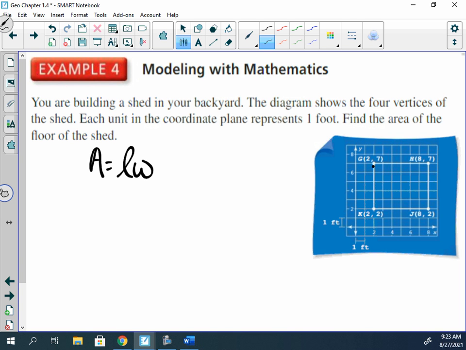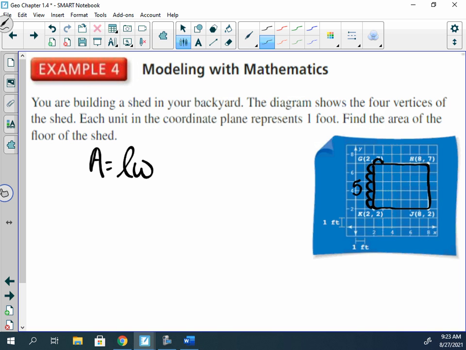Now again, they did this straight on a coordinate plane for our rectangle, so we can actually count the units. 1, 2, 3, 4, 5.